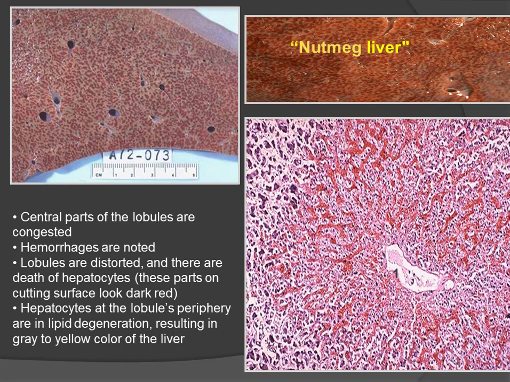Macro preparation: it's nutmeg liver. The liver is large in size and weight, has a spread smooth capsule, increased consistency, and a rounded anterior margin. On section, a very accentuated lobular aspect is observed, a variegated characteristic aspect, which resembles the American nutmeg.